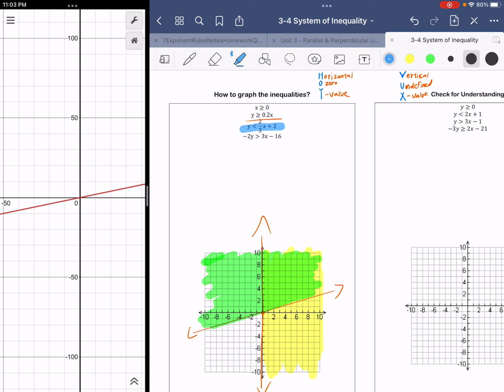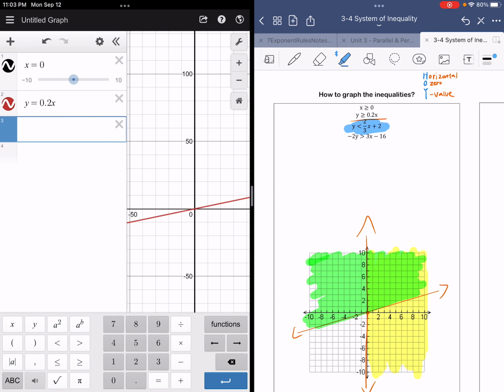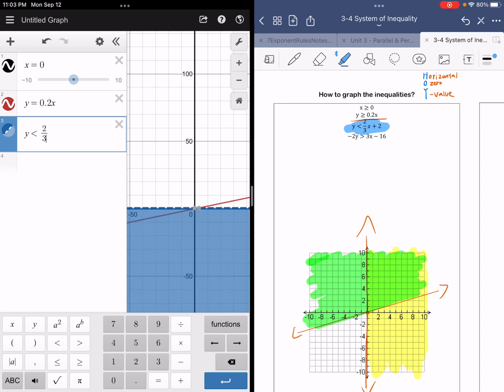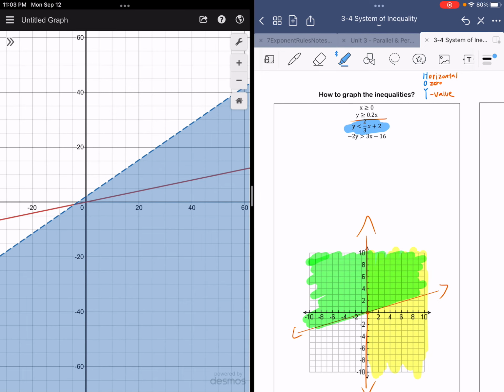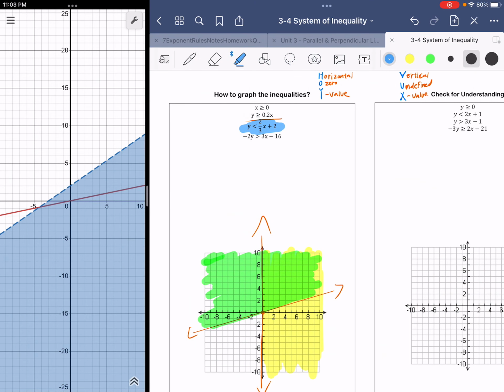Next one, we're going to do this one. Y is less than 2 over 3x plus 2. So unless you want to do it by hand, just graph it. Y is less than 2 over 3x plus 2. And as you can see, plus 2, which means you're going to draw plus 2 here. I'm going to use the blue one.